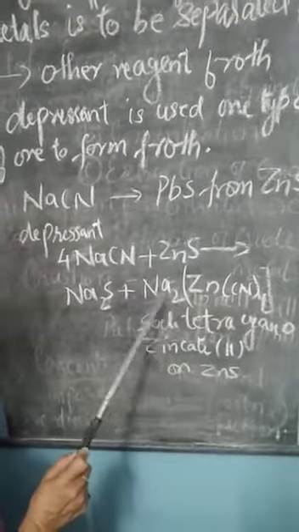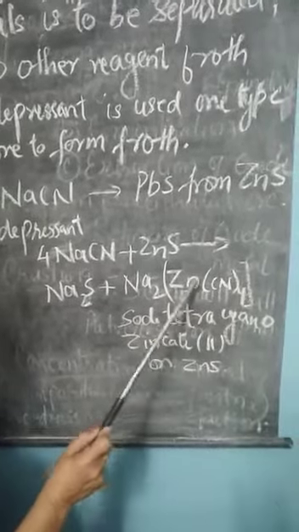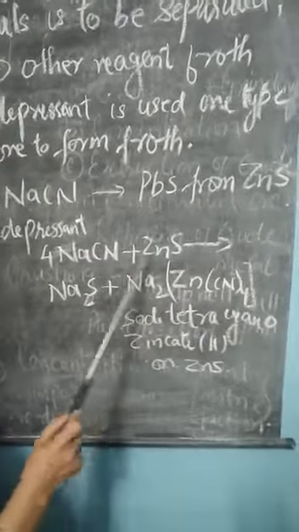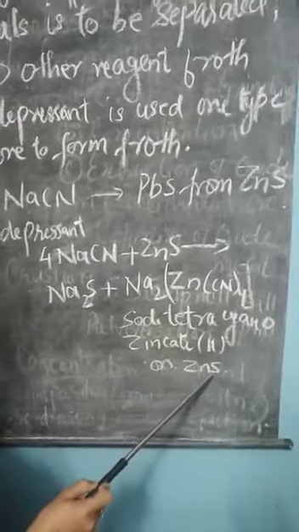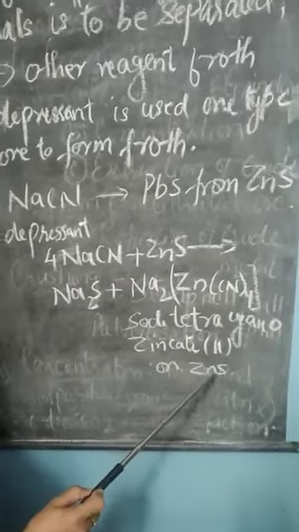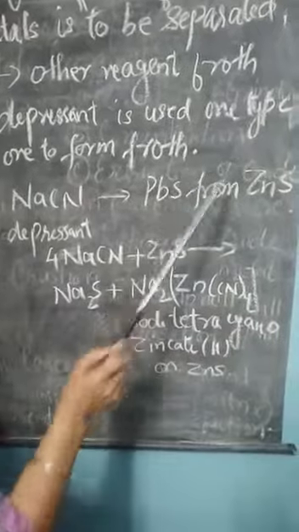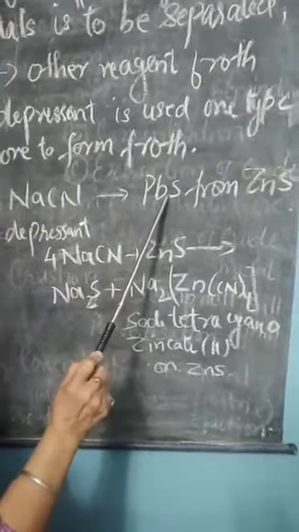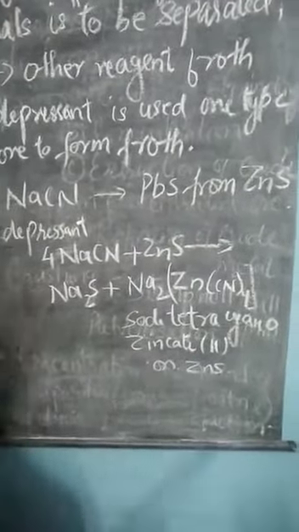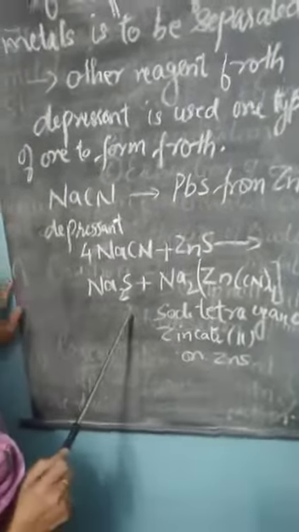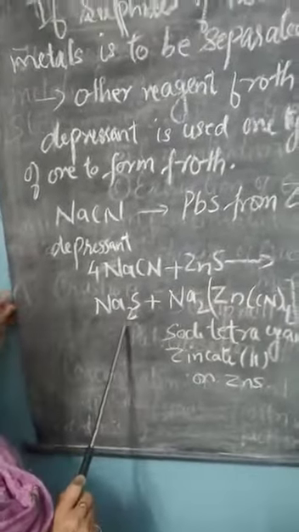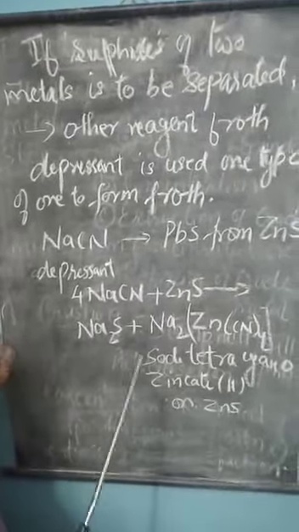The complex formed is sodium tetracyanozincate. This complex settles over zinc sulfide and does not allow it to form the froth, and the zinc sulfide is then removed as such. And on the other hand, lead sulfide forms the froth and can be removed. This is the method for concentration of sulfide ore, that is by froth flotation method.